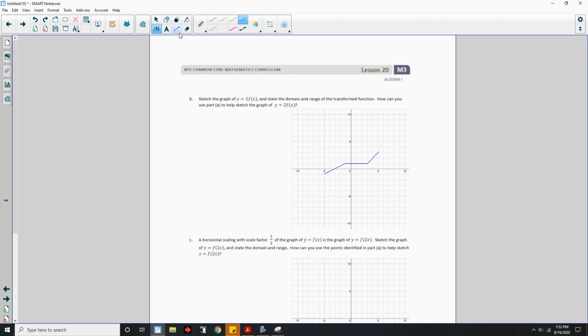And now we're going to use this to sketch 2 f of x. So really what you have to do here is, when you get to a point, it's at -5, -1, we want the y value to double. So -1 times 2 is -2. So that would be right here.